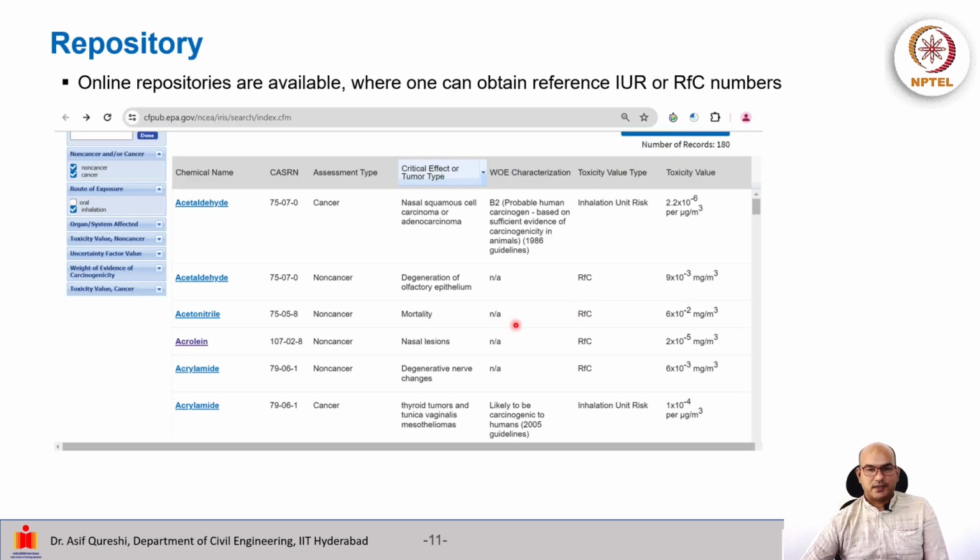So now you can also get the values. Basically, I just checked that we want to get non-cancer risk and cancer risk. As we started clicking these check boxes, for the inhalation route of exposure only, we get these values.